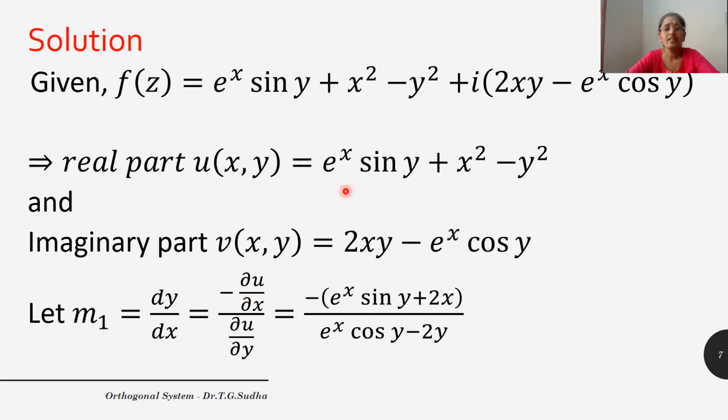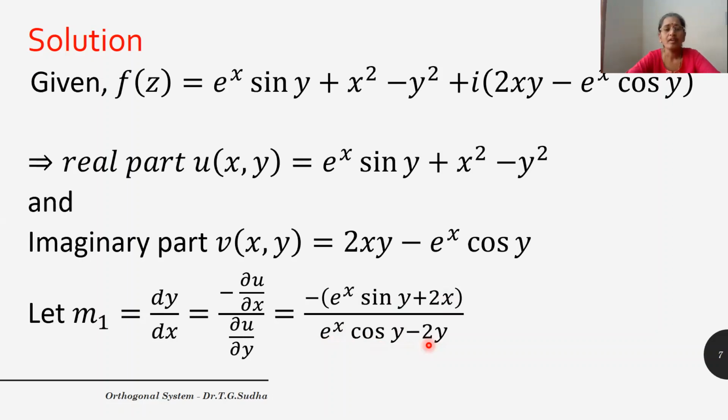On differentiating this u with respect to x and y, we get e^x sin y + 2x and e^x cos y - 2y. So the numerator is the derivative of u with respect to x and the denominator is the derivative of u with respect to y. So this is m1.